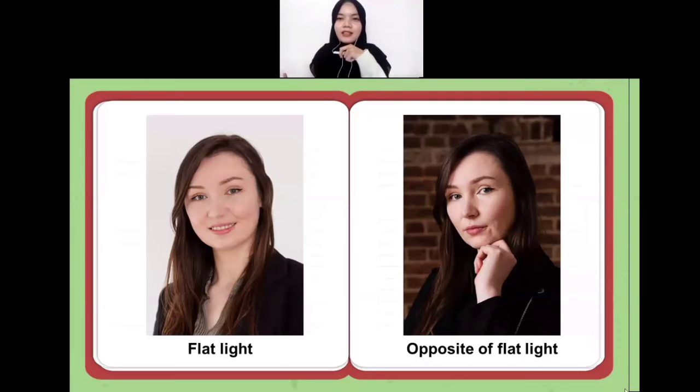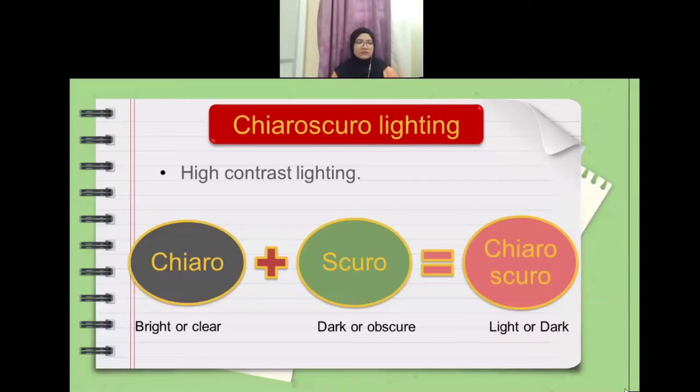This is an example of a passport picture, the left one. You can see that the image of the lady is very soft and there is no highlight or shadows on her face. Whereas the second picture is the opposite of flat light, where you can see visible shadows and highlights on the right side of her face.